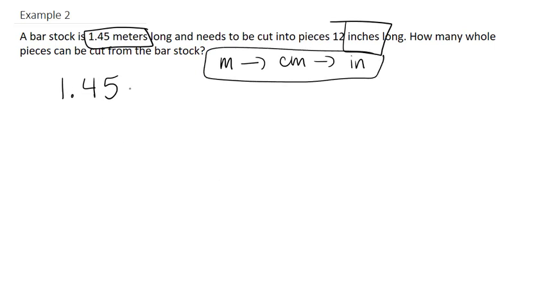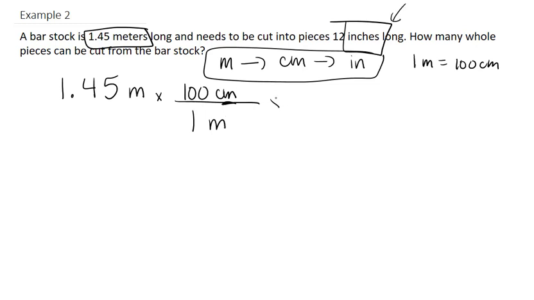So we have 1.45 meters, and we know 1 meter is equal to 100 centimeters. So we put the 1 meter on the bottom and 100 centimeters on top, so we can cancel out the units of meters. But as we want to get to inches, we're not done because we just have centimeters on the top. So now we need to get rid of centimeters. And we know that 2.54 centimeters is equal to 1 inch. So we put the centimeters on the bottom, 2.54, and the 1 inch goes on top.